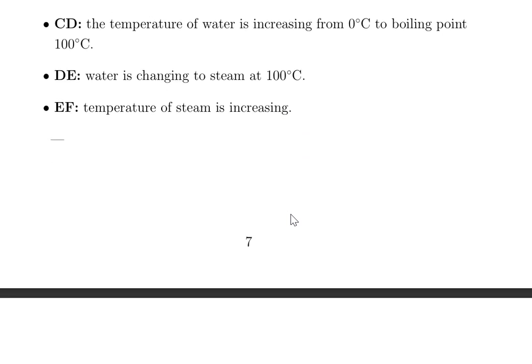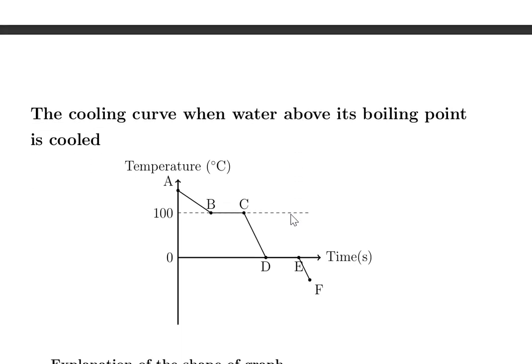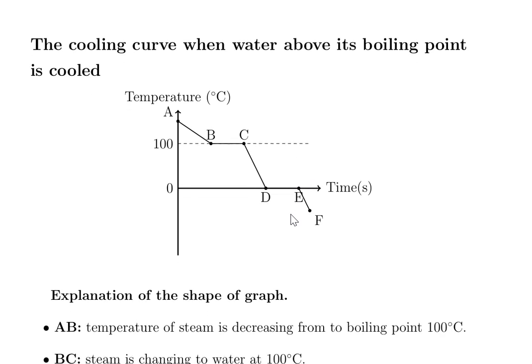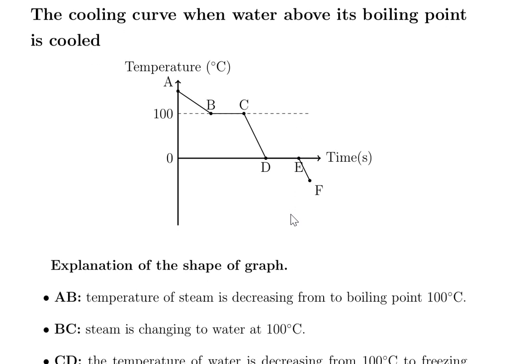Then next, what we shall look at is the cooling curve. Remember, if this water under some conditions has been heated past 100 degrees Celsius and then we are cooling, that means this water of ours is losing heat to the surroundings. Definitely the temperature has to drop. Now when the temperature drops from some point above 100 degrees Celsius, the liquid will cool up to 100 degrees Celsius.